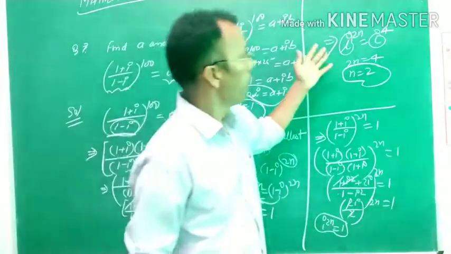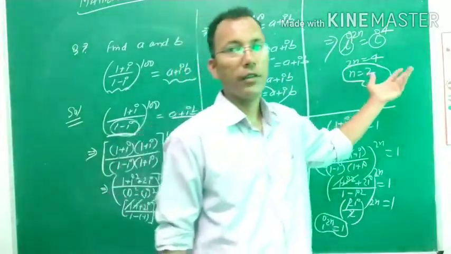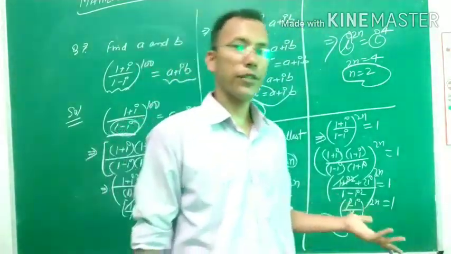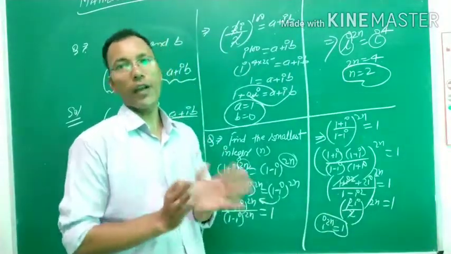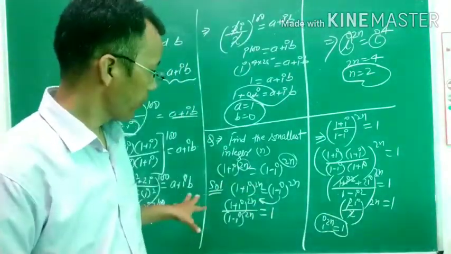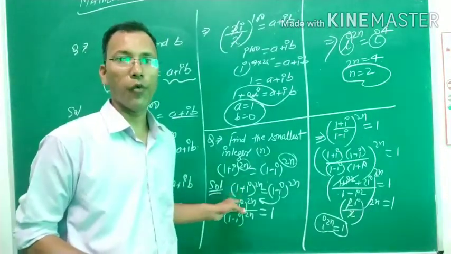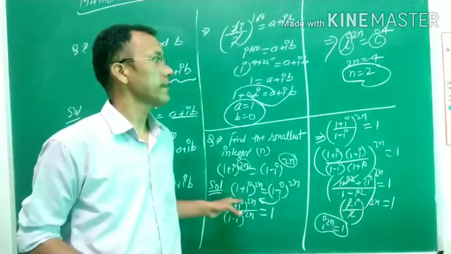If I put n = 4, then also the same. If I put 6, 8, 10, 12, and so on, there are infinite numbers which satisfy this equation if I put n as a multiple of 2. But the smallest n is equal to 2.